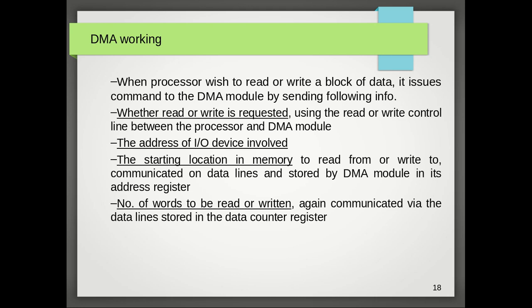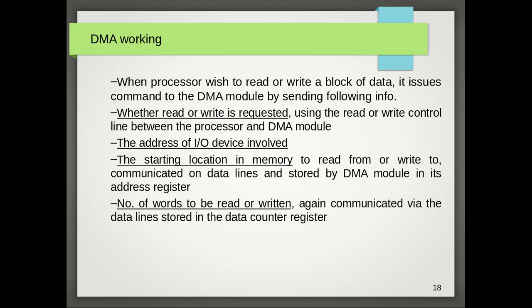So when there is a request, the processor sends that read or write request to DMA in the following forms. First, it sends whether read or write is requested, using the read-write control line between the processor and DMA module. Then second, it sends the address of the input output device involved.